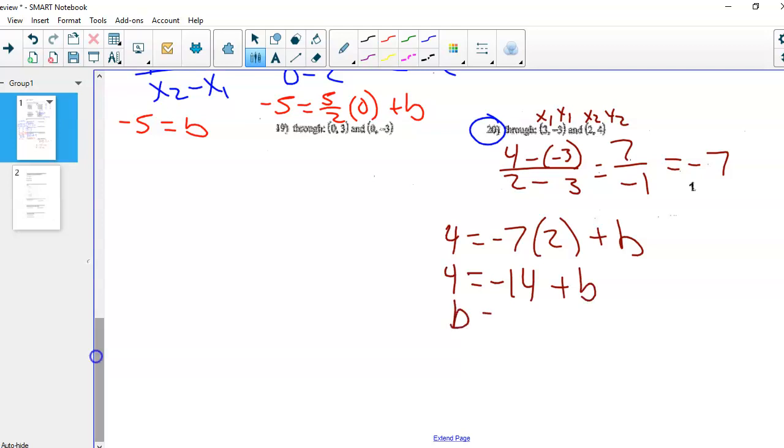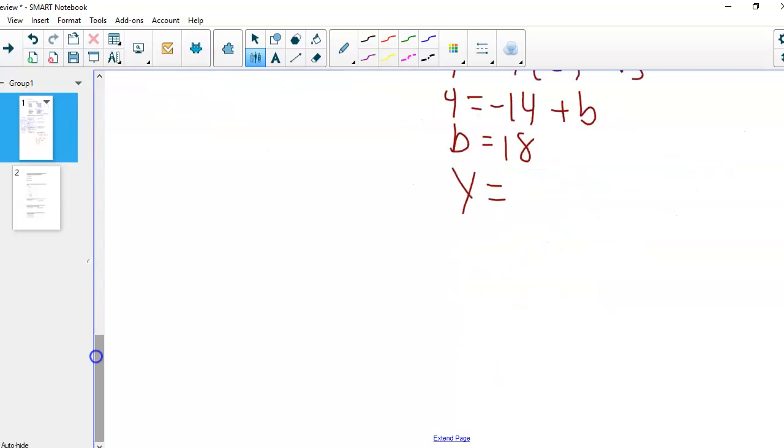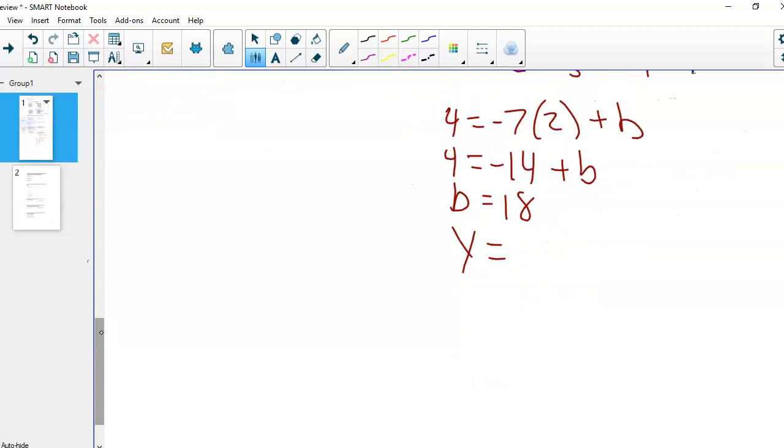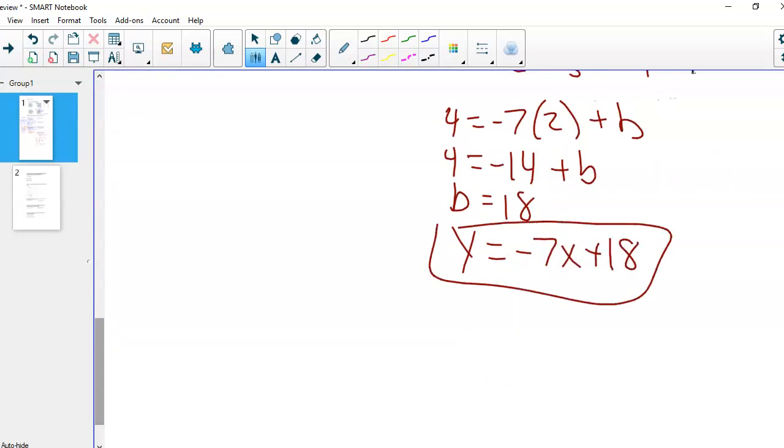So what is b? 18. What's our equation? -7x plus 18. So again, the first section is, can you write the equations in all of these different ways?